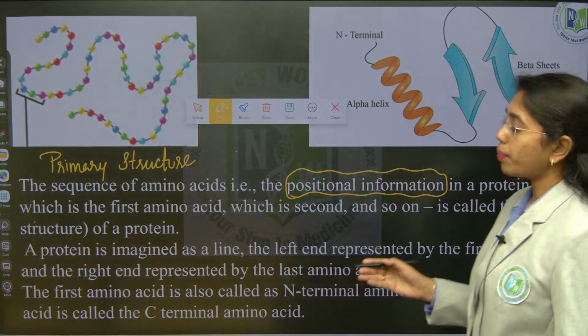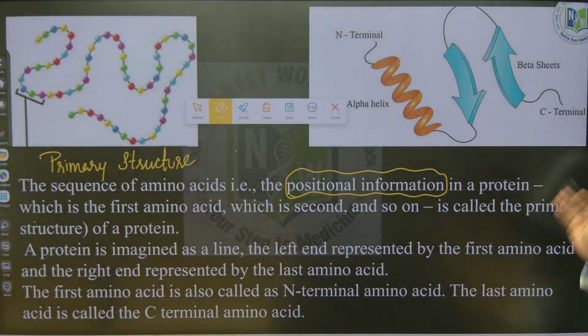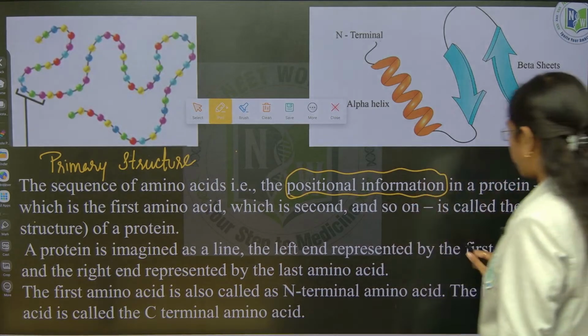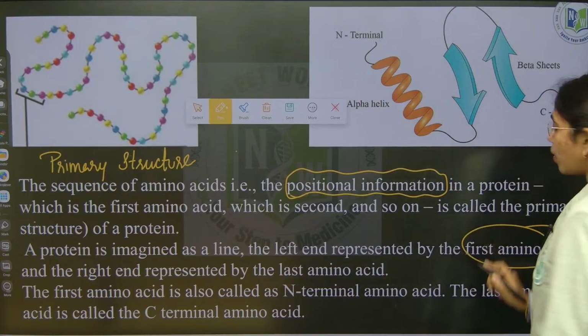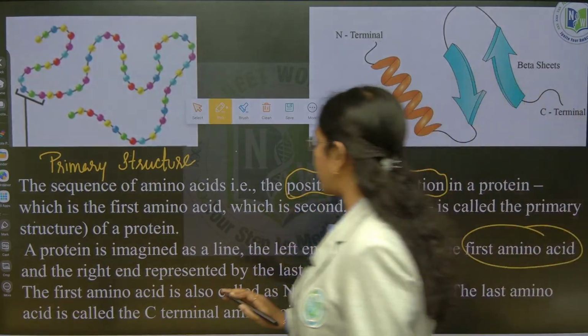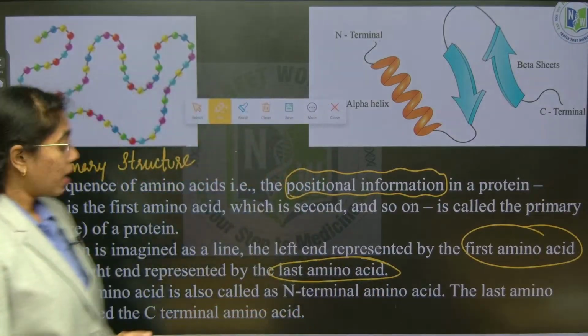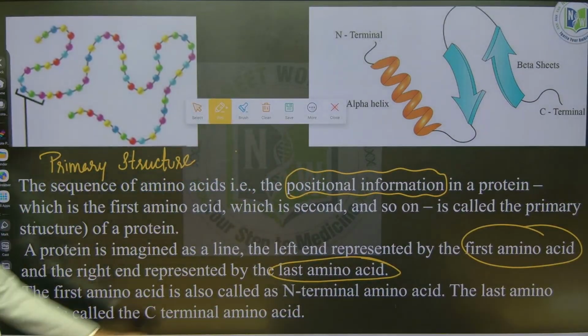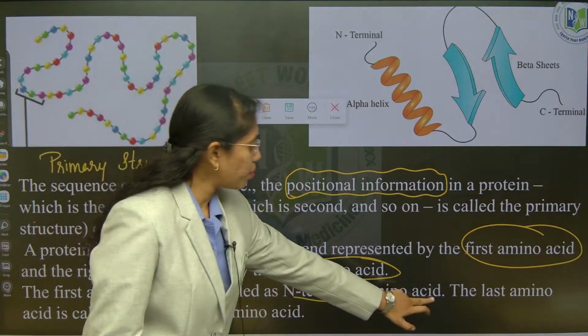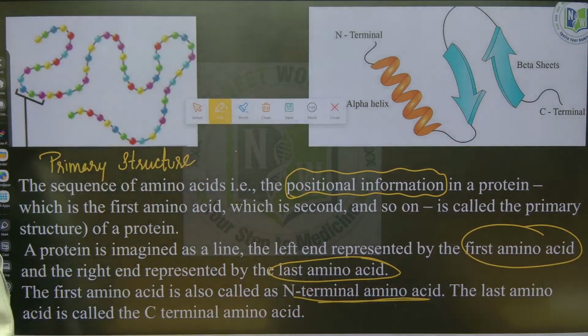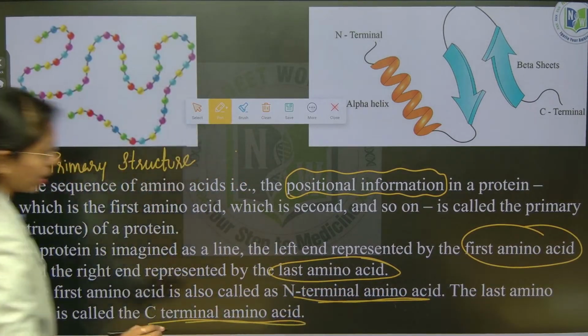A protein is imagined as a line. The left end is represented by the first amino acid and the right end is represented by the last amino acid. Clear, right? The first amino acid is also called the N terminal amino acid and the last amino acid is also addressed as the C terminal amino acid.